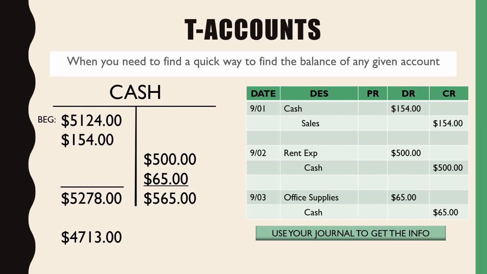But your journal doesn't tell you your account balance, because this book is strictly for daily business transactions. All you're doing is recording and recording the daily business transactions. You're not using this for account balance.